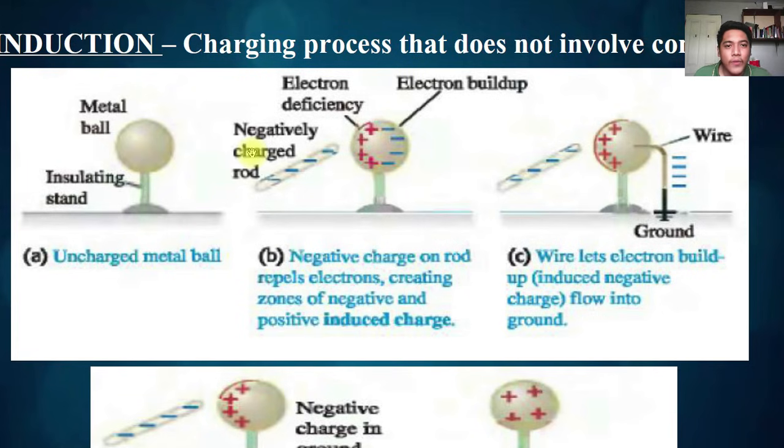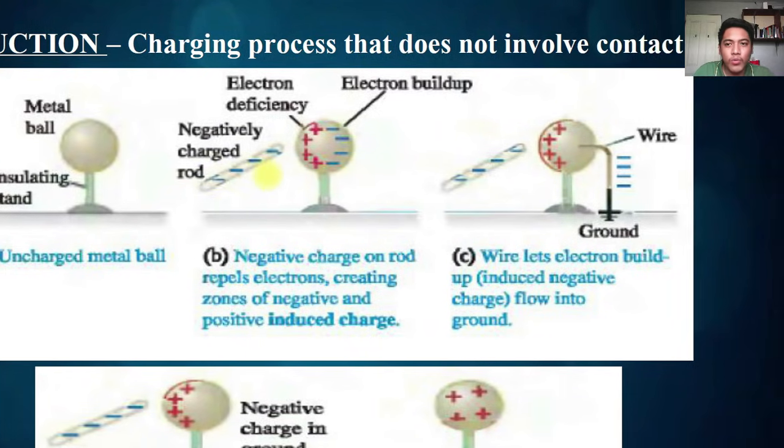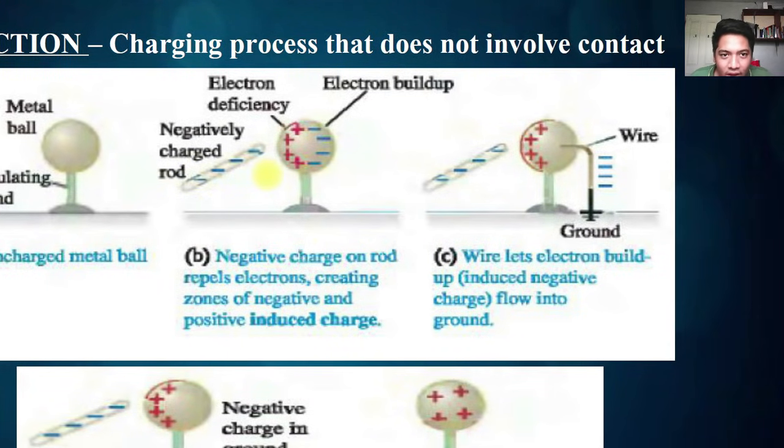Okay? So, what will happen, class? What will happen if I put a wire on the metal ball, and the other end of the wire is connected to the ground, or in other words, to the earth? It turns out that the earth is a large conductor. It has numerous negative charge and positive charge.